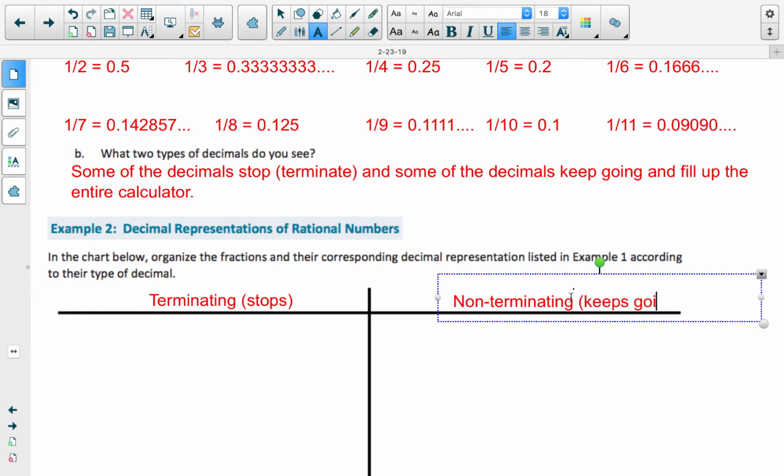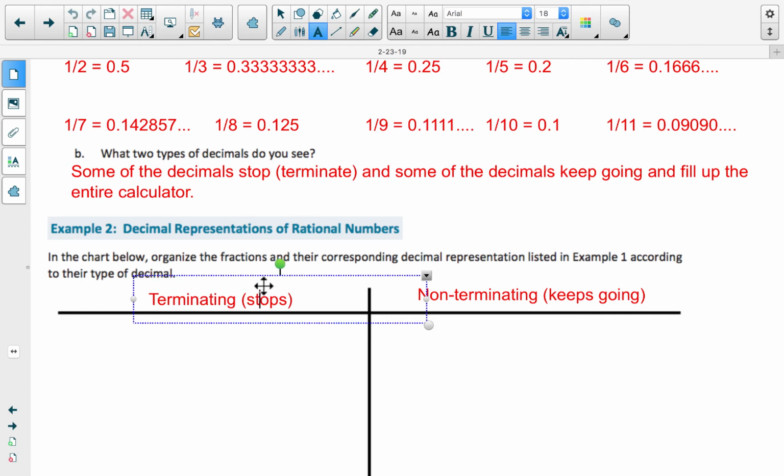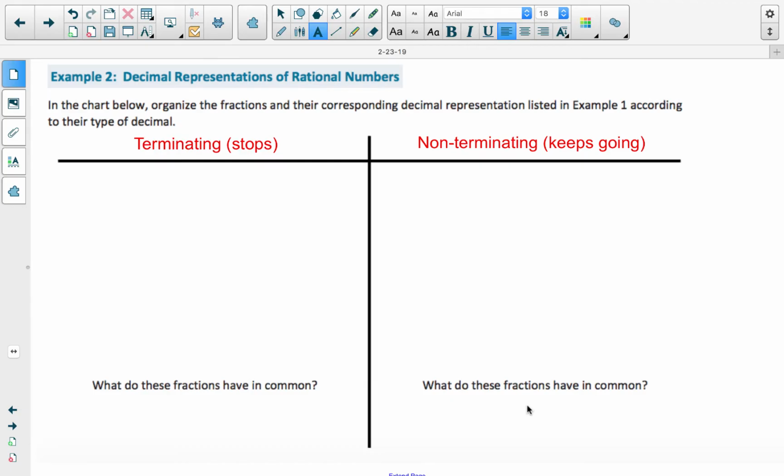Non-terminating means keeps going. So you're going to recopy each of those 10 that are up here into their correct category. Then write what these terminating decimals have in common, and what these non-terminating decimals have in common. When you are done with example 2, come back and check the video.